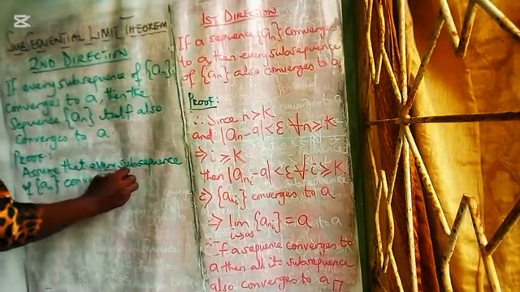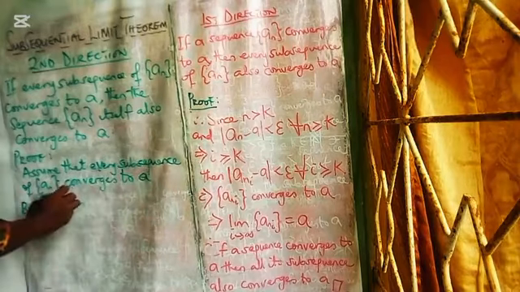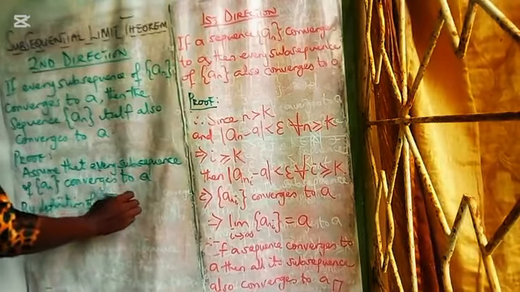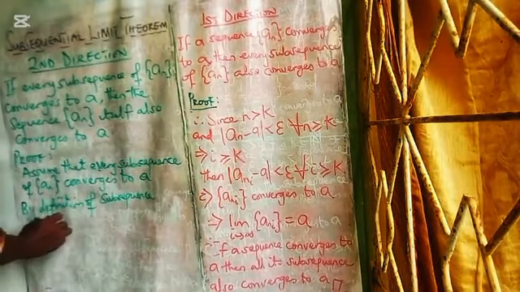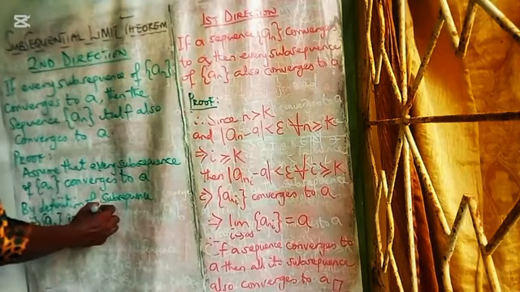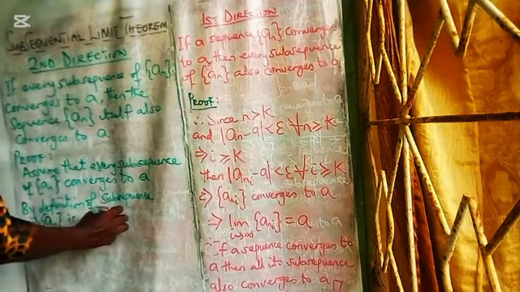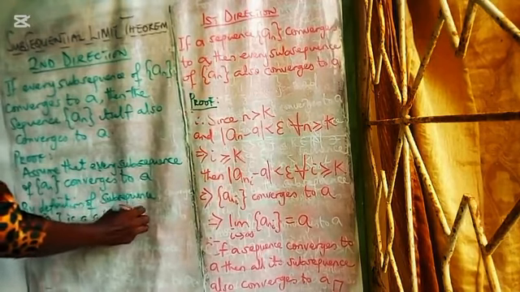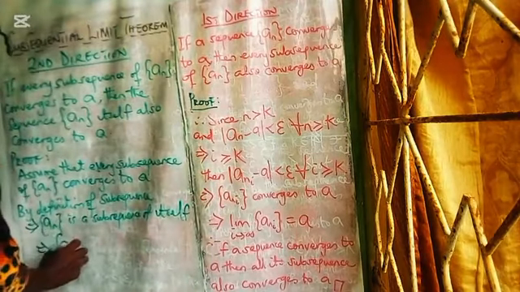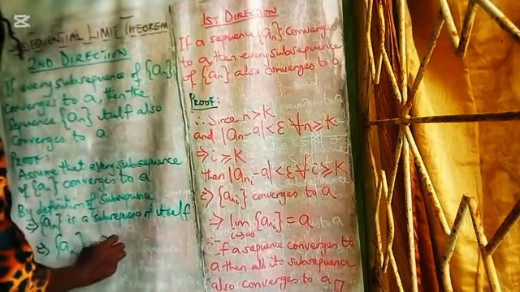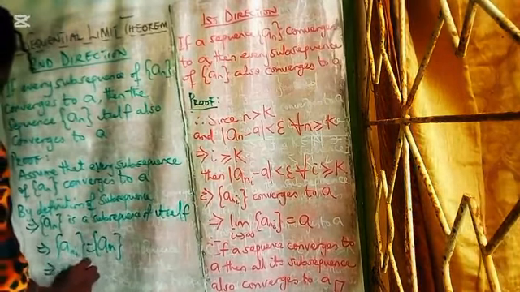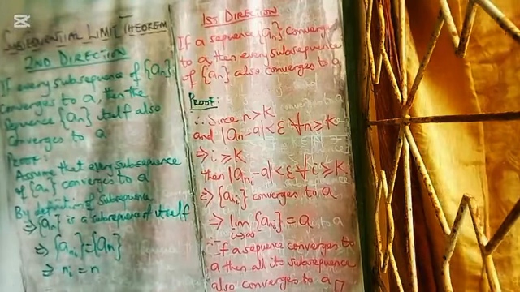By definition of subsequence, it implies that A sub n is a subsequence of itself. That implies that what? A sub ni is equal to A sub n. That implies that ni is equal to n.